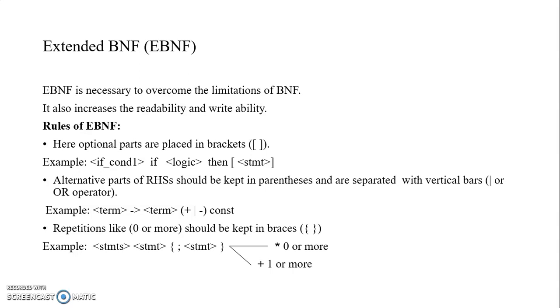This semicolon means we have repetitions in the program line. For repetition, if you write a star, that represents 0 or more. If you write a plus, that represents 1 or more.